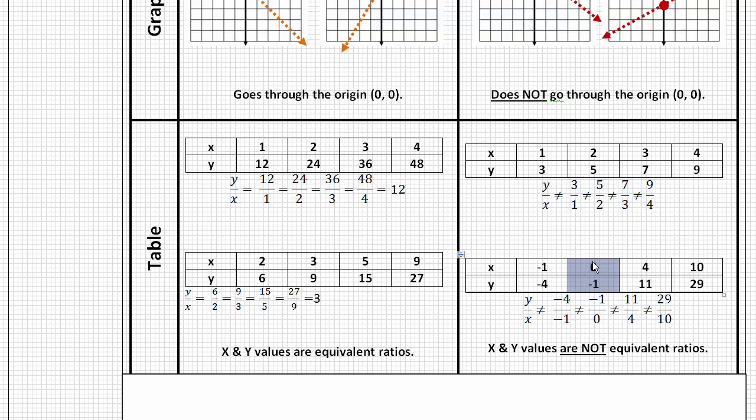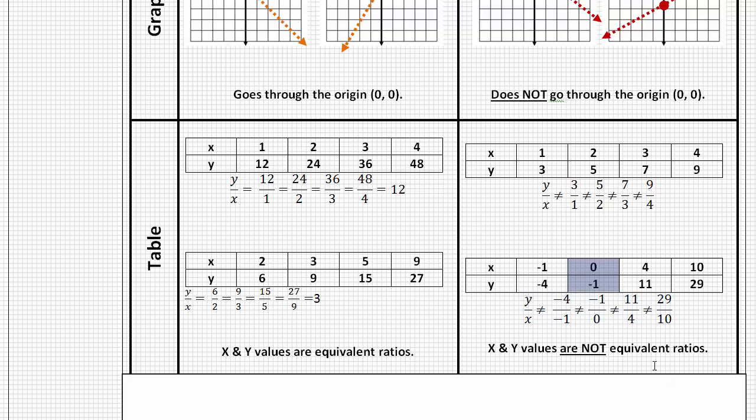So in our tables, if we're given a value where x is 0, we know that the y value must also be 0 in order for it to be proportional, because all proportional relationships go through the origin. So that would have been one more clue with this table that it is not proportional, because of this coordinate: x is 0, y is -1, and it does not go through the origin.